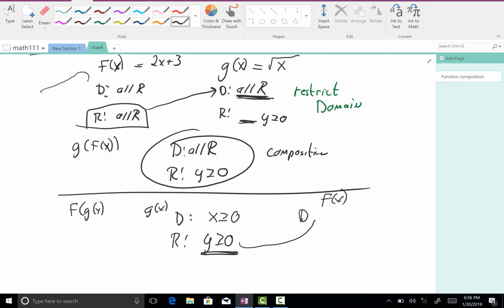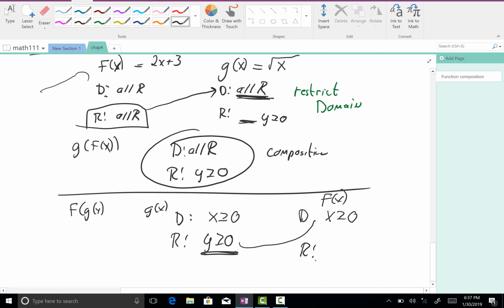No. Because remember that these outputs now become these inputs. So these are the only ones that are going to get input into there. All the rest of them aren't, because you can't have any negatives. So then this is going to be x is greater than or equal to 0. That kind of changes things a little bit.